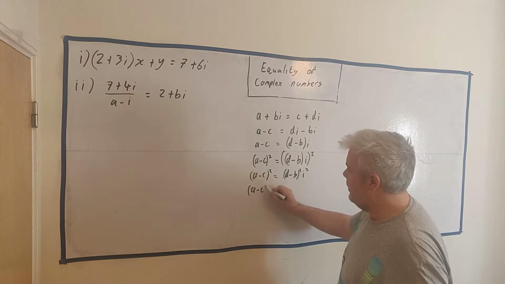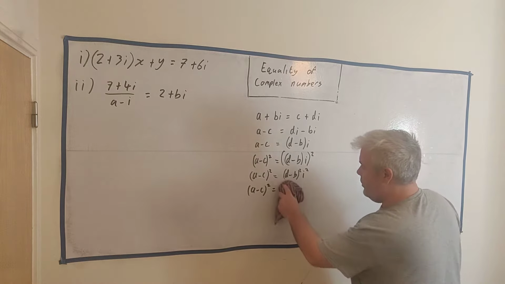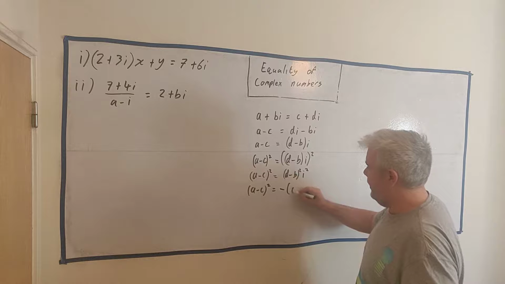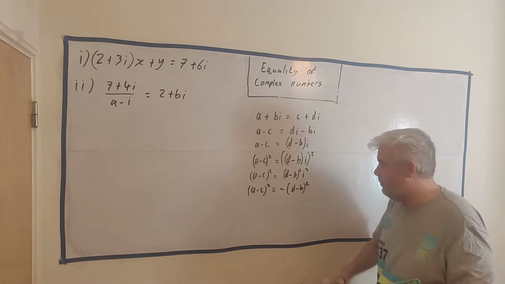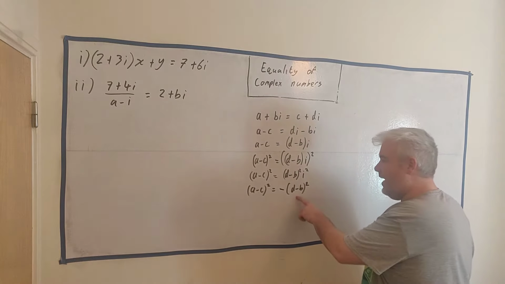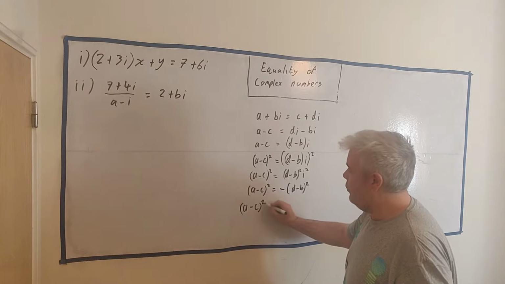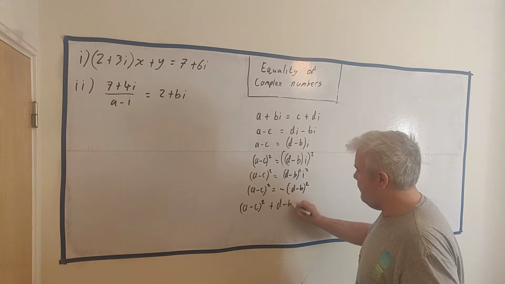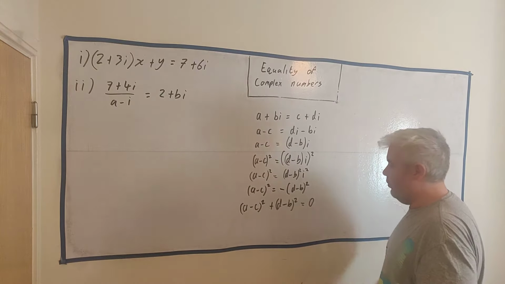So a minus c squared is equal to minus 1 multiplied by d minus b squared. Now let's add this to both sides and we'll get a minus c squared plus d minus b squared is equal to, what's left on the right is 0.